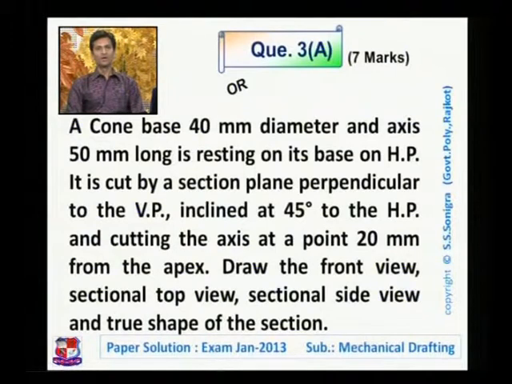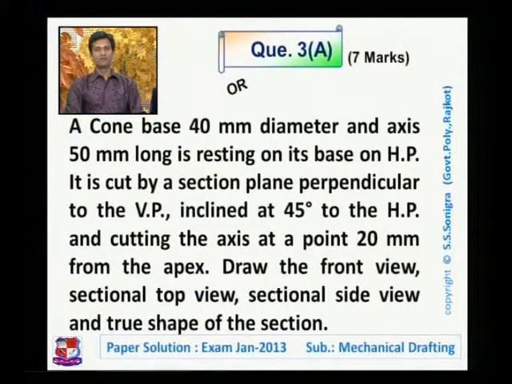Now here a cone is given with the given diameter, so its top view would be a circle with a diameter of 40 mm and the front view will be a triangle with height 50 mm, and the cone is cut by a section plane which is perpendicular to the vertical plane and inclined at 45 degrees to HP. So the inclination with HP is given, hence it would appear in the front view.